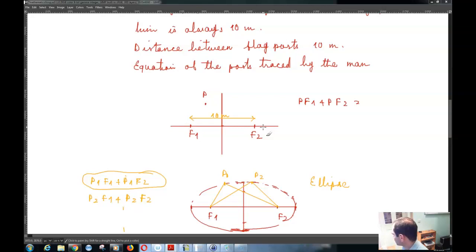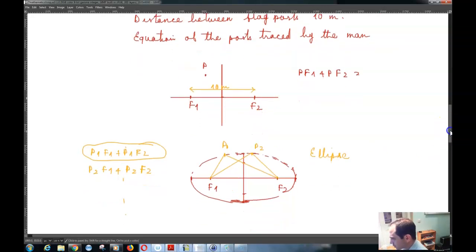It seems that in an ellipse, let any point be on the ellipse such that the sum of the distances from P... Okay, so in an ellipse, we also showed that this distance P1F1 plus P2F2 is always equal to 2a.